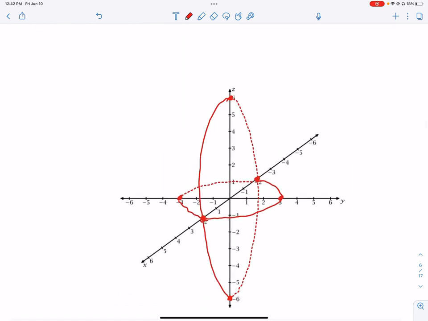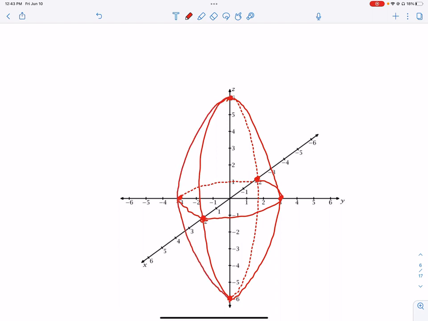Y has 3, z has 6, so that is right here. And technically, all the way like that, we'll do this. All right, and there's my ellipsoid.